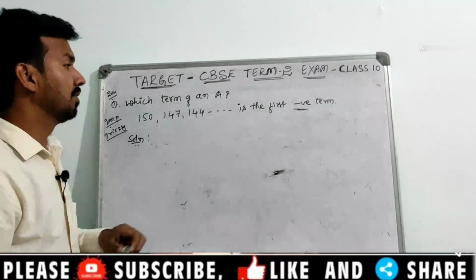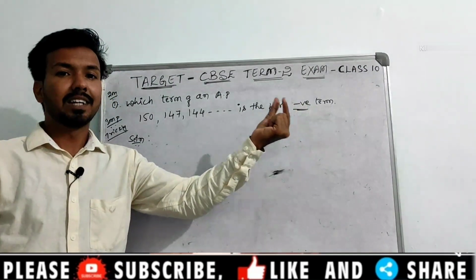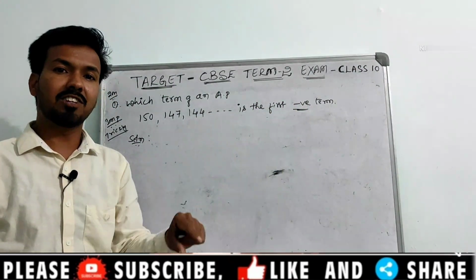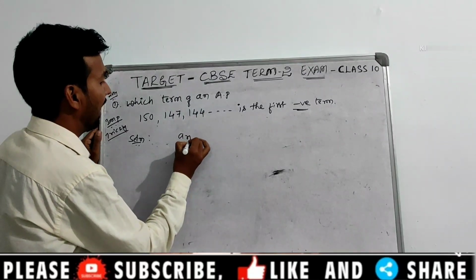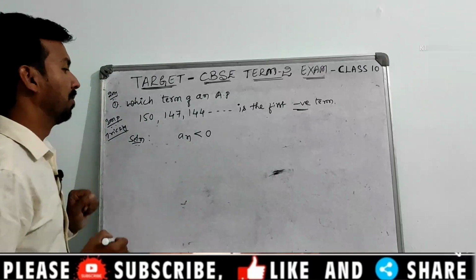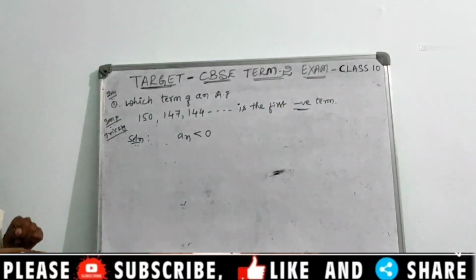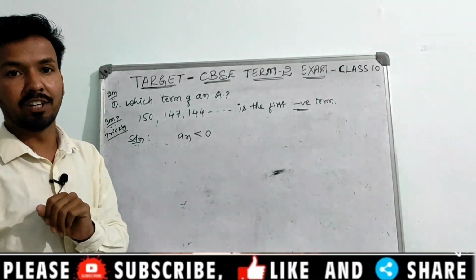Negative term means, what do we consider? An is greater than 0 or lesser than 0? For the first negative term, An should be considered as lesser than 0, because they are given An is negative, first negative term, children.